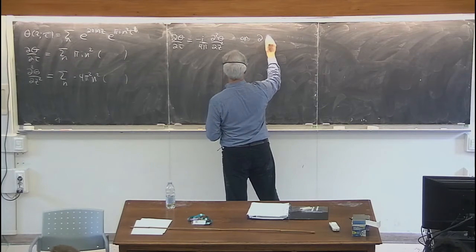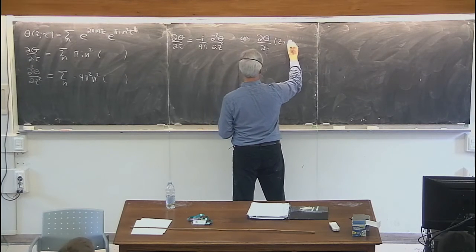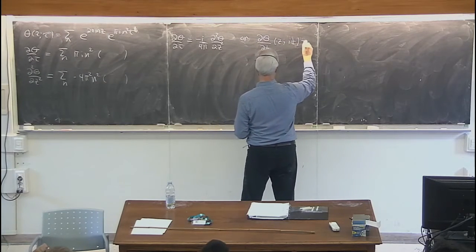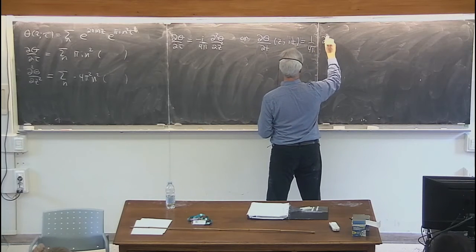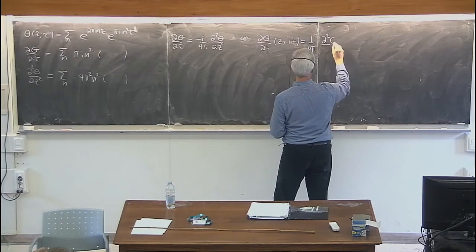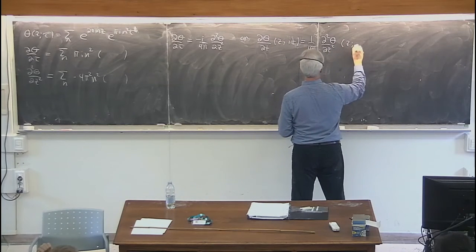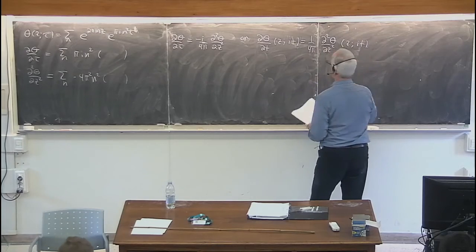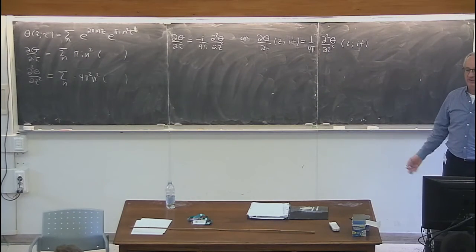Or you could also write this as d theta by dt of z and tau equal to 1 over 4 pi d squared theta by dz squared of z and tau.